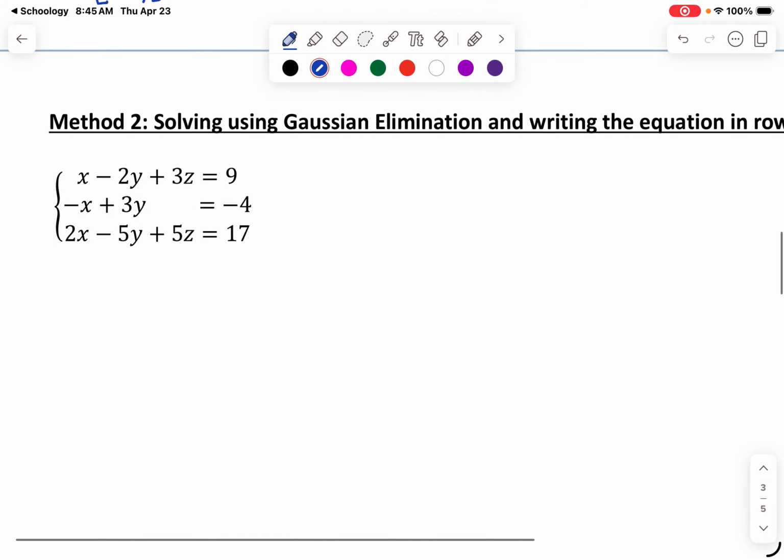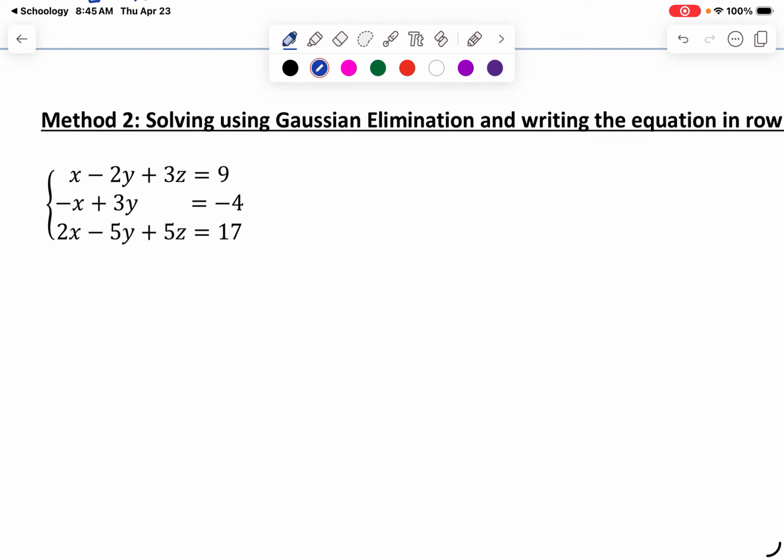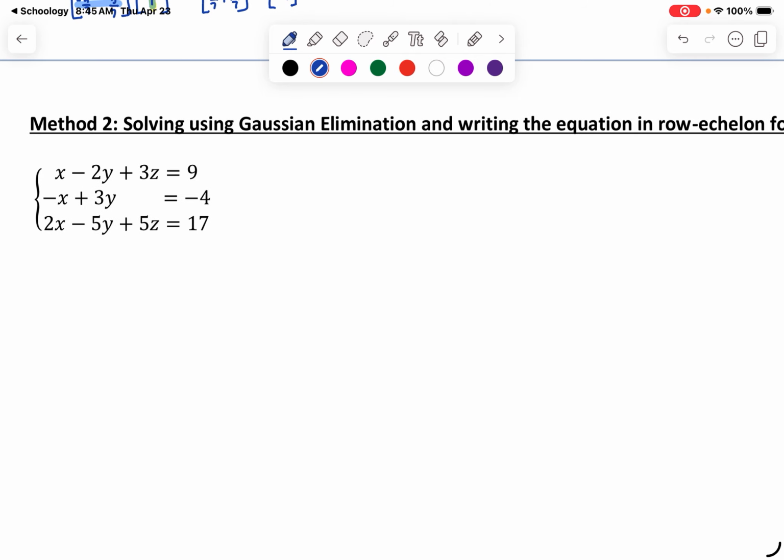Okay. All right, now we are going to solve this system using Gaussian elimination and writing the equation in row echelon form. All right, so what we're going to start off by doing is writing a matrix for our system. So instead of writing 2 matrices, we're actually going to write 1 matrix, the coefficients on the variables, and then the solution.